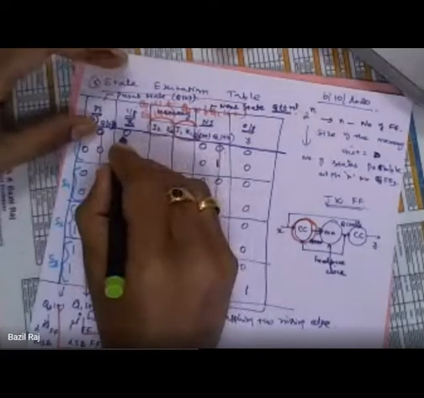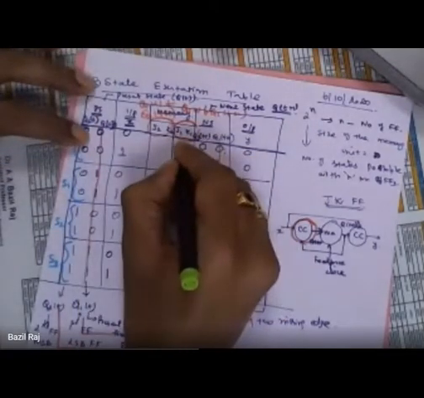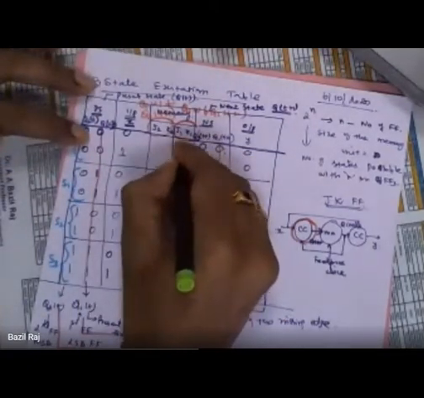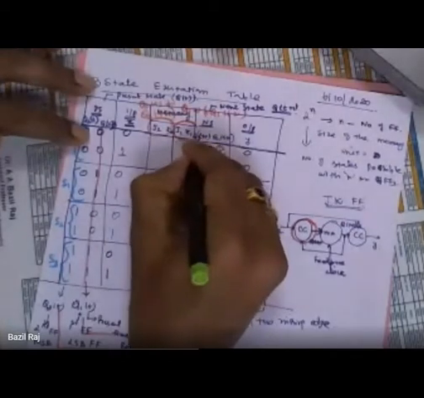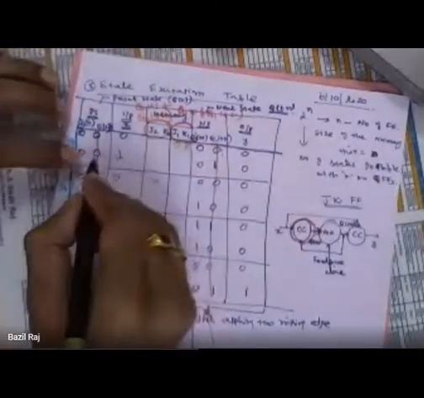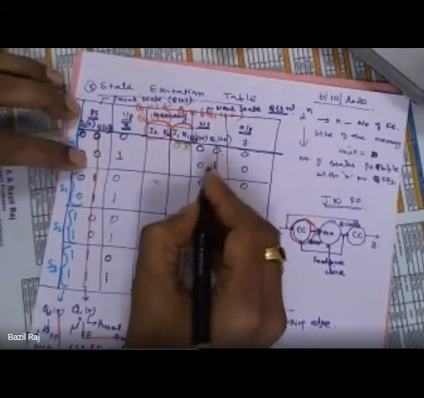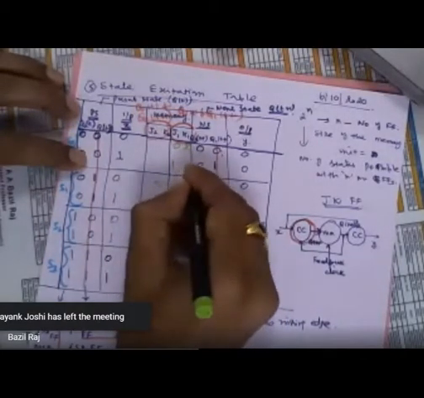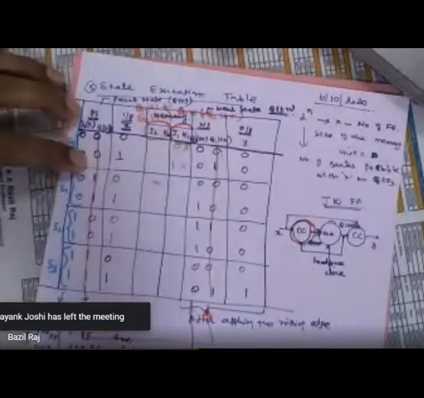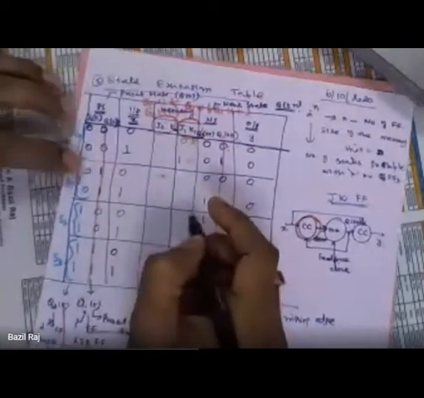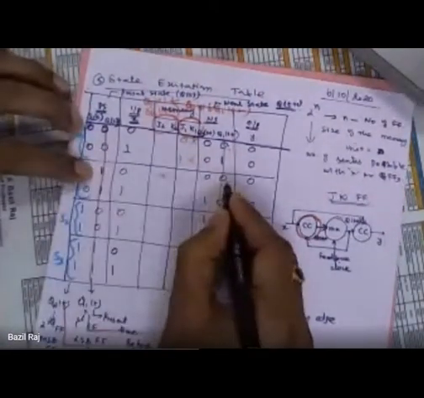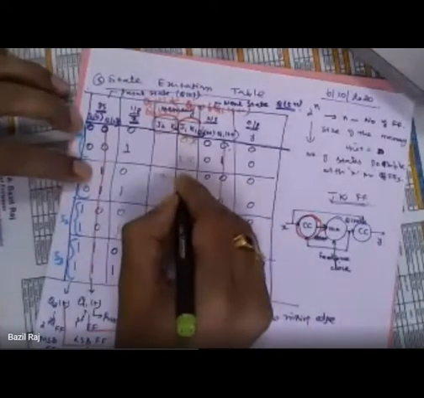Then for 0 to 0, what do you say? 0 don't care. Then for 0 to 1? 1 don't care. This is coming from our previous table, state transition control table. For 1 to 0? Don't care 1.